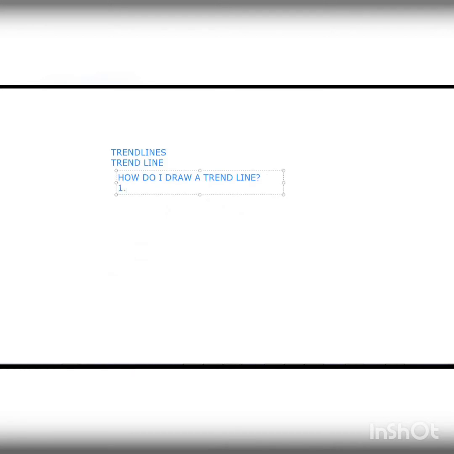Number one, we locate two major tops, which are also known as peaks, or two major bottoms, which are also known as troughs, and then we connect them together. This is a very, very important tool on how to draw a trend line.